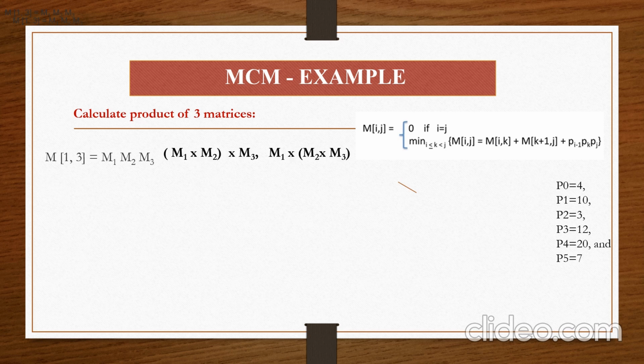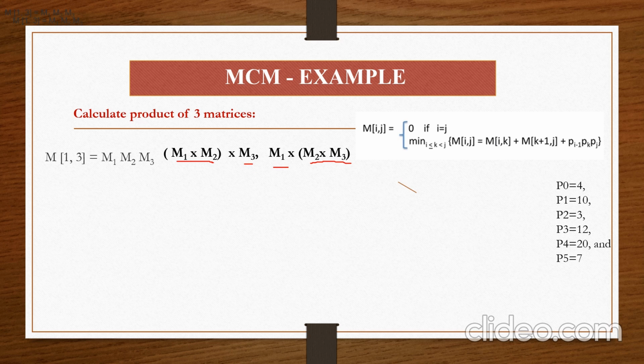So we need to calculate m[1,3], and for that we need to multiply M1, M2, M3. There are two possibilities of arranging the multiplication. Either M1 and M2 can be multiplied, and after that it can be multiplied with M3, or else M2 and M3 can be multiplied first and then multiplied with M1.